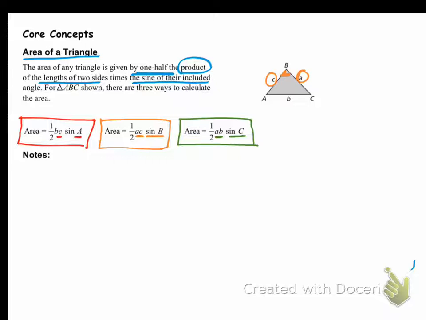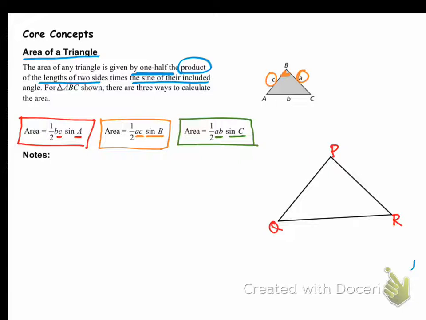What I want you to do is think about this: let me draw a random triangle here with different names. If I'm naming it PQR, I'm pausing for a minute so you can think about how to name the sides.